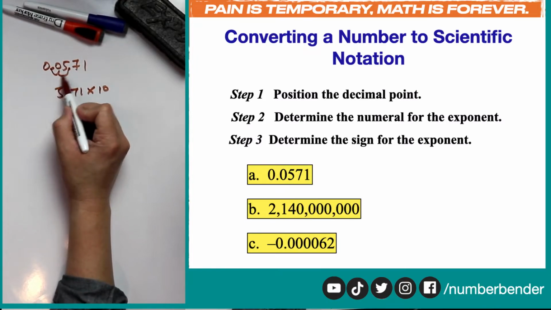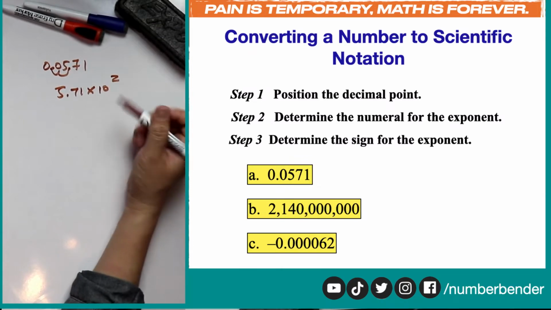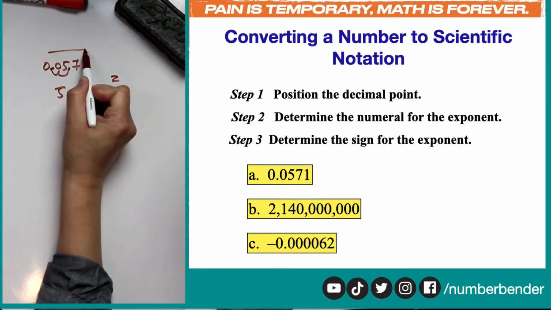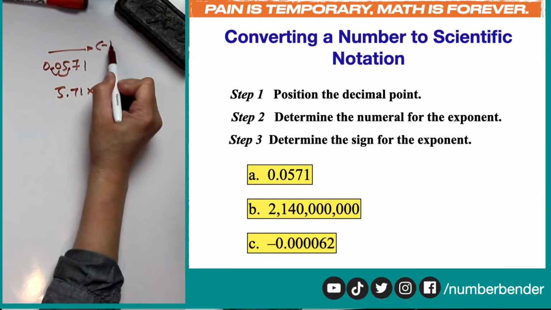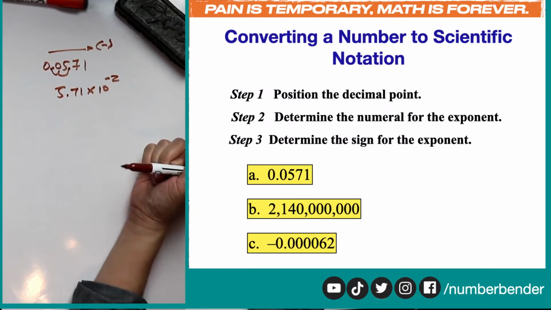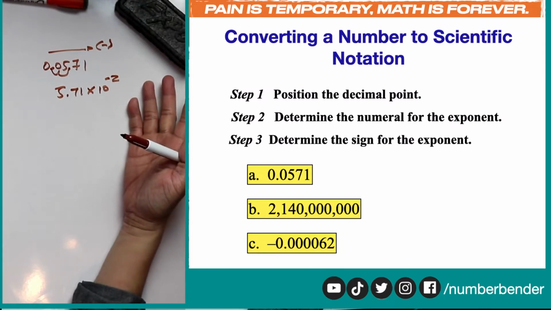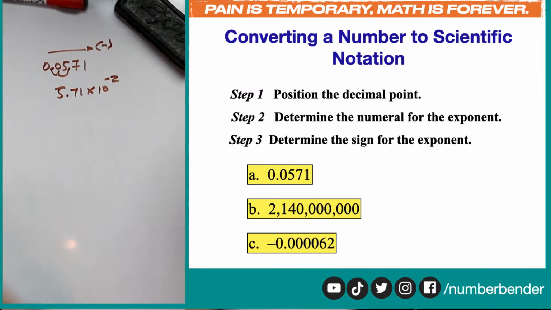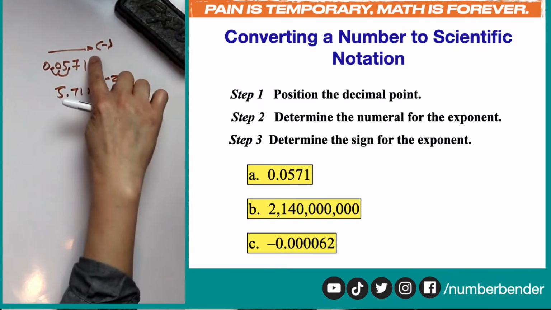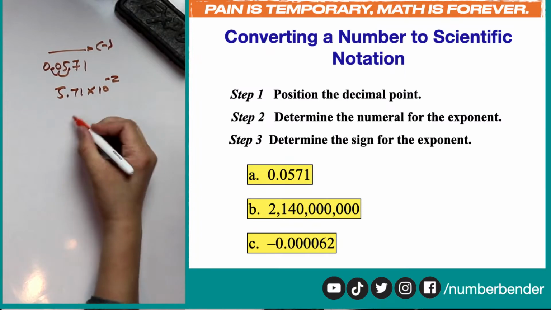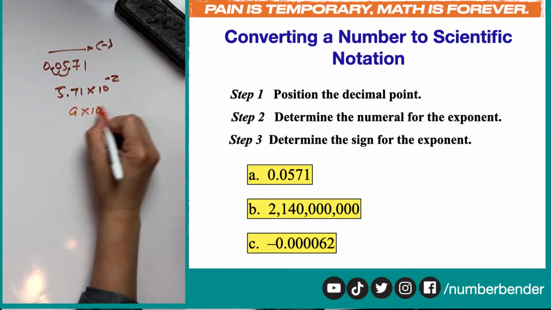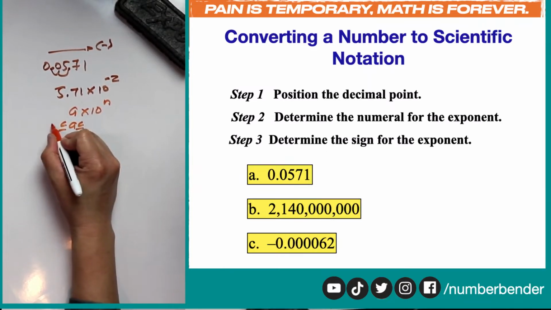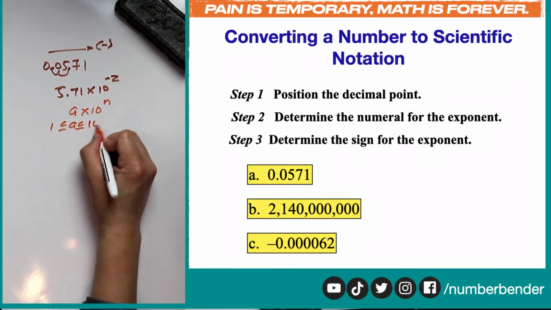We moved it 2 times. Since this is a small number and we moved the decimal place to the right, it holds a negative exponent in our scientific notation. This is how we convert standard form to scientific notation using the formula a times 10 to the n, where a should be between 1 and 10.